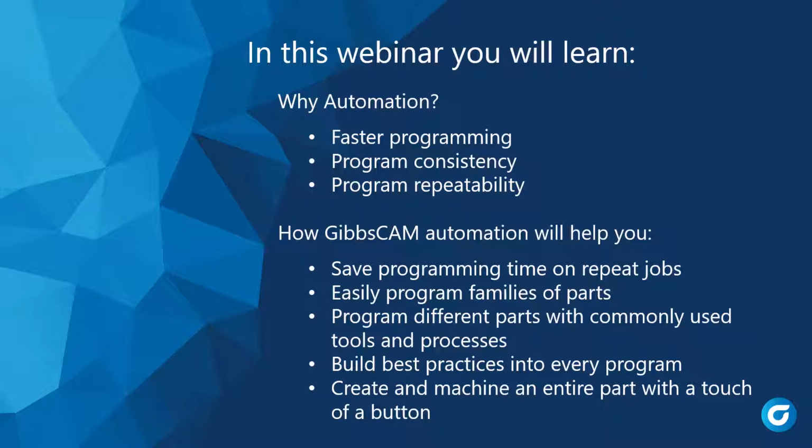Programming different parts with commonly used tools and processes. Well, seems like a pretty easy one because if you have a machine set up that has, let's say, 40 pots, you can have a tool in, let's say, pot 27. And that tool always resides there. And it's a special tool, maybe a 3-flute tool or some kind of crazy tool that you use all the time.